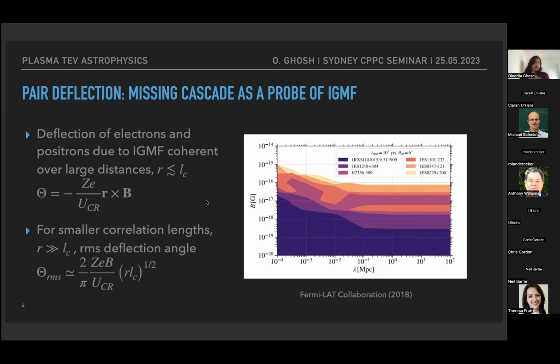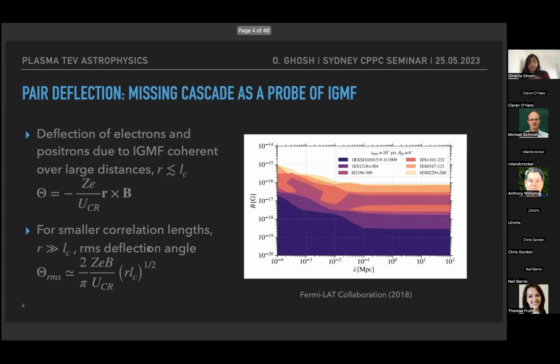The deflection angle one could express in terms of the magnetic field strength and the energy of the cosmic ray. So this was the expression for a large-scale coherent field. And for smaller correlation lengths, this could be described by an RMS deflection angle that depends on these variables.